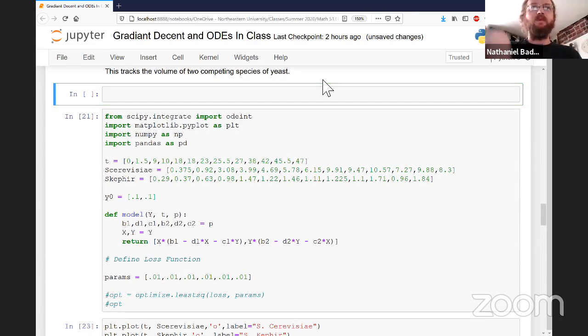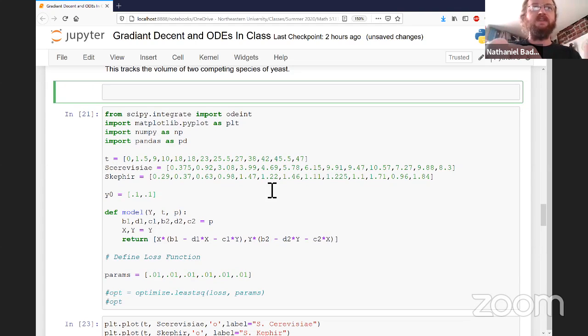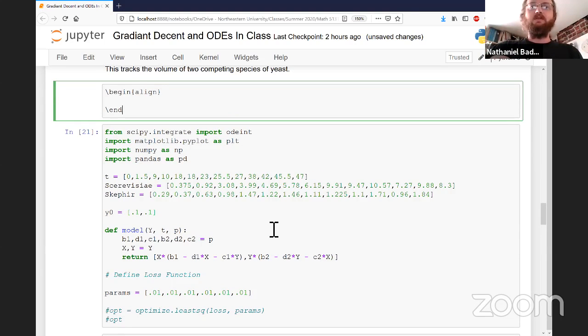And so I'll write this competition model out while we're staring at what's going to happen here, right? So this is just going to be our standard competition model, where we have X is logistic.